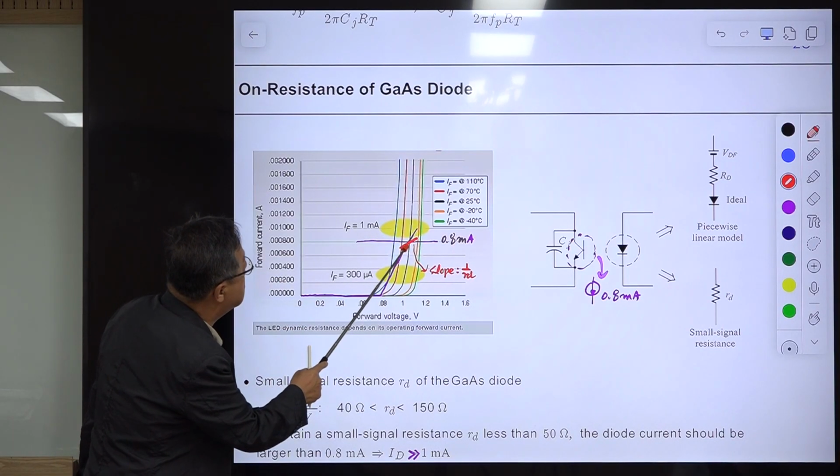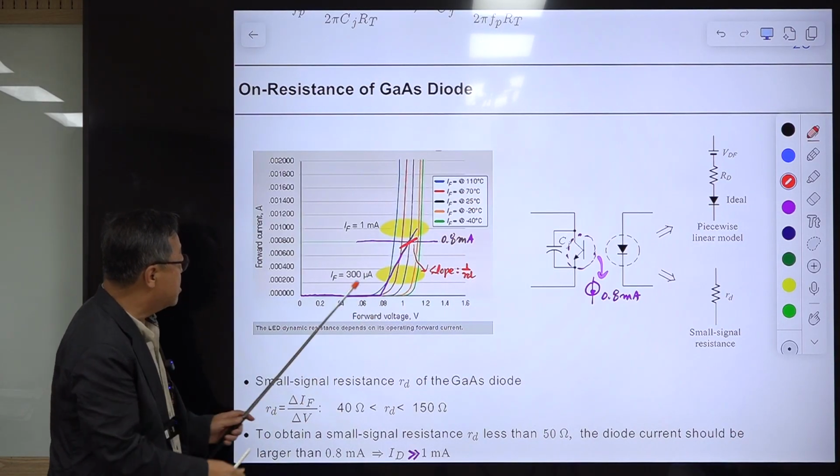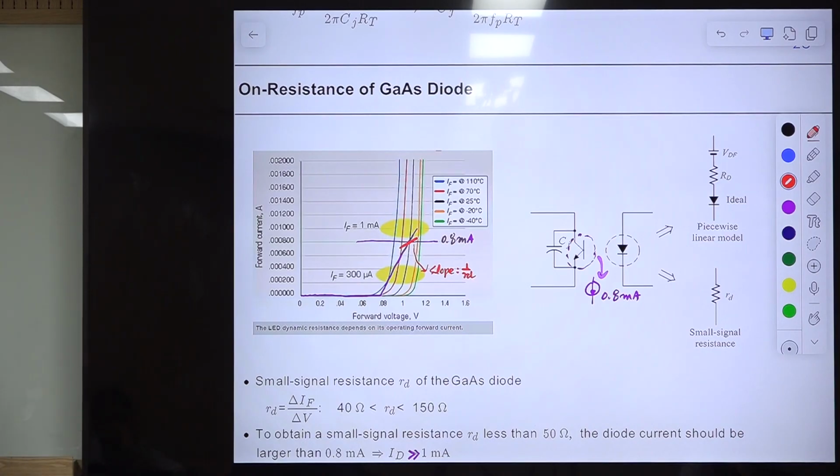Maybe this is this one, 25 degrees centigrade, okay? Then first, people usually approximate this as a line segment combined like this, a piecewise line segment. This is the approximation of this nonlinear curve, okay?